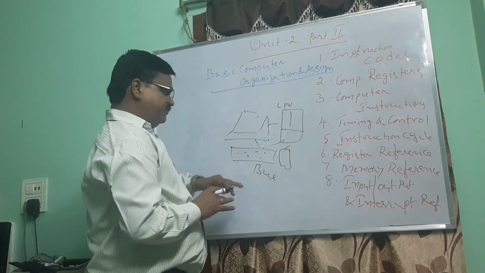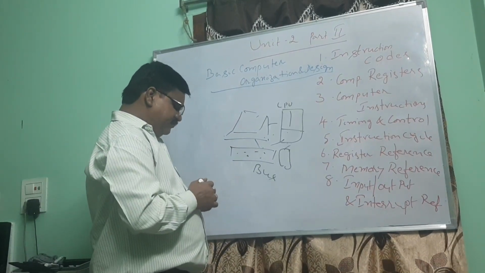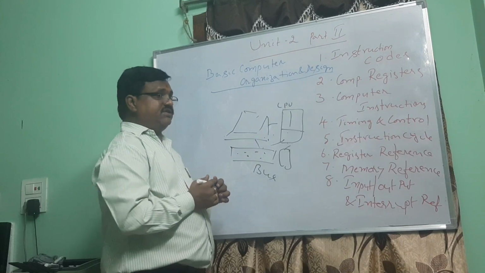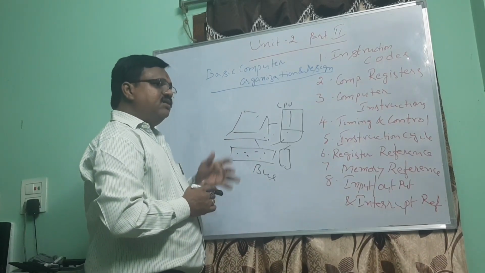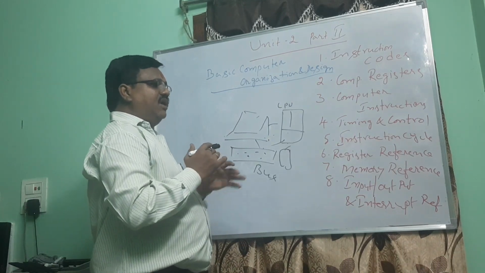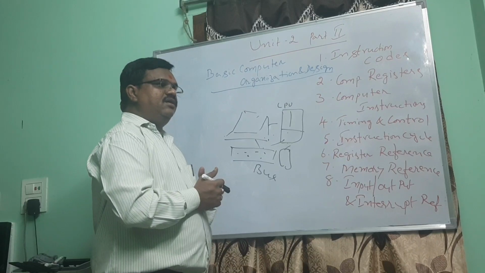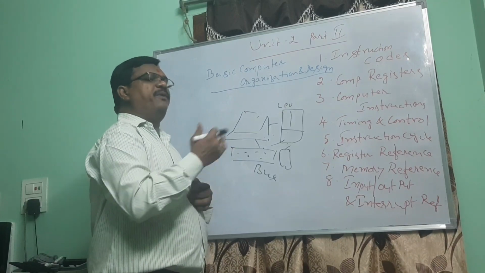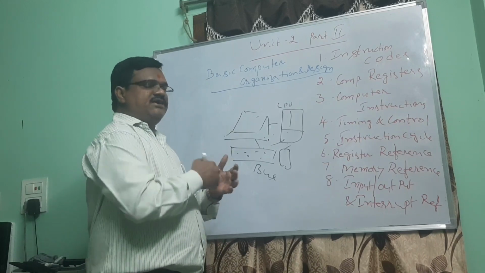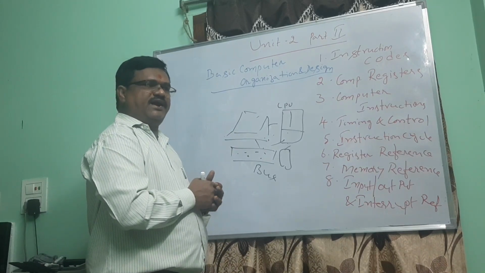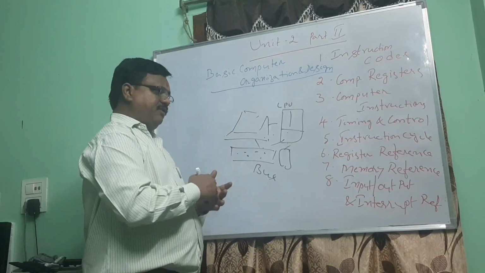But this is the hardware part. In the previous few sessions of part 1 of this unit 2, we discussed how, inside the CPU, the hardware is designed to perform various types of operations like register to memory transfer, memory to register transfer, arithmetic operations, certain logical operations, and shift operations.